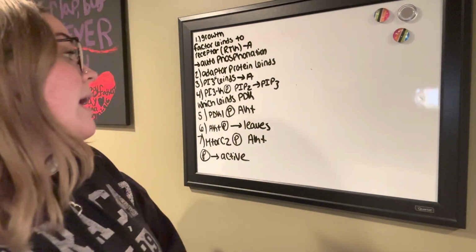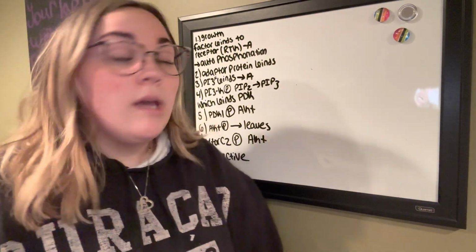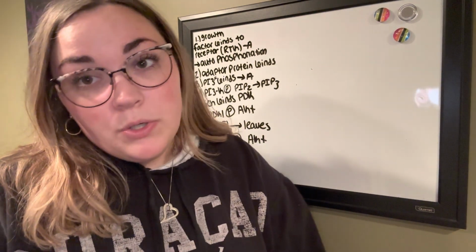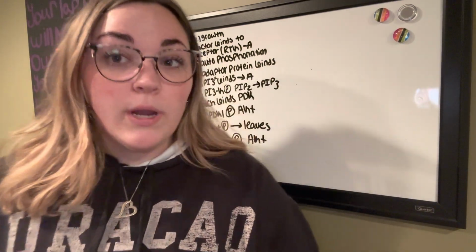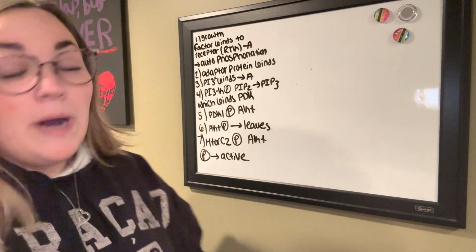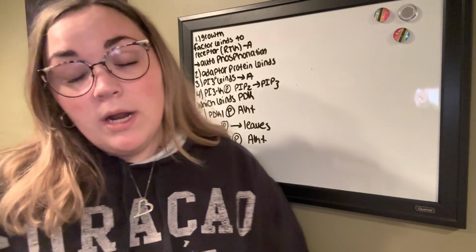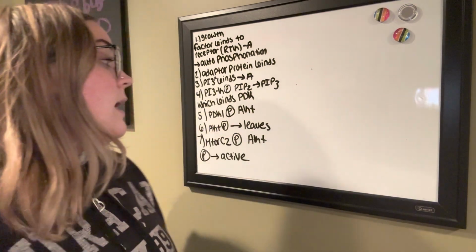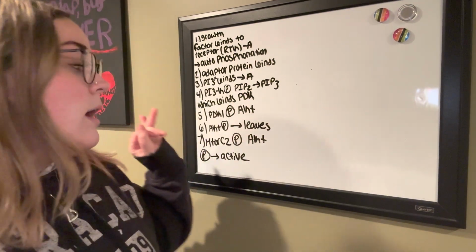Activated PI3K is going to phosphorylate PIP2, and PIP2 is going to turn into PIP3, which binds the PDK, and then PDK1 is going to phosphorylate AKT, which is part of the complex.